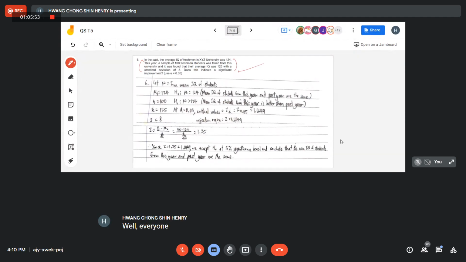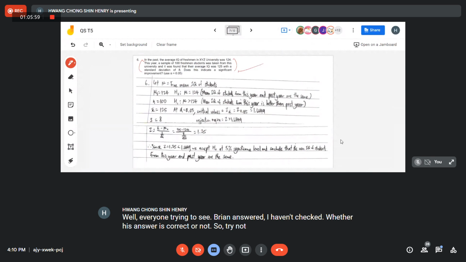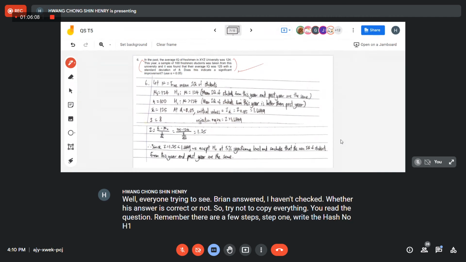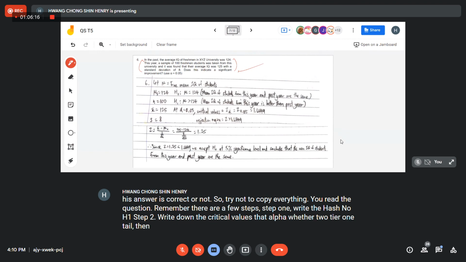Now everyone, try not to see Brian's answer. I haven't checked whether his answer is correct or not. So try not to copy everything. You read the question. Remember, there are a few steps. Step 1, write the H0, H1. Step 2, write down the critical values, the Z alpha, whether 2 tail or 1 tail. Step 3, write down the critical region.